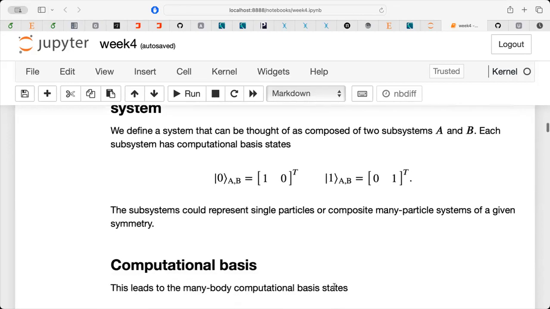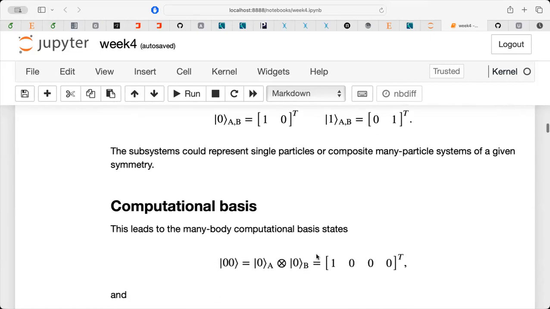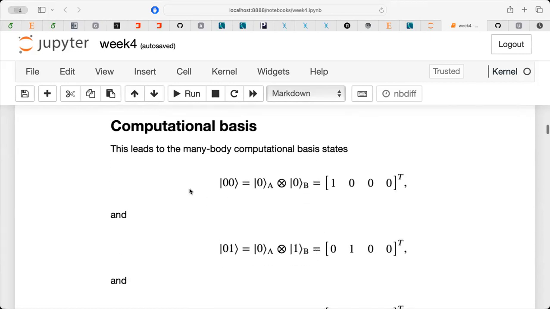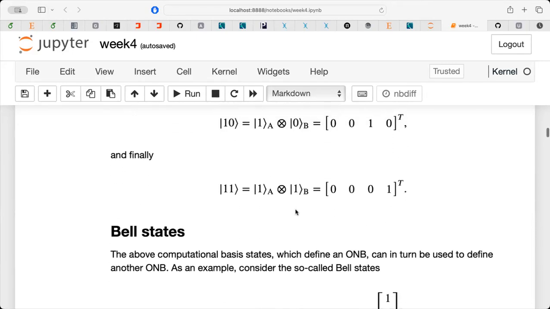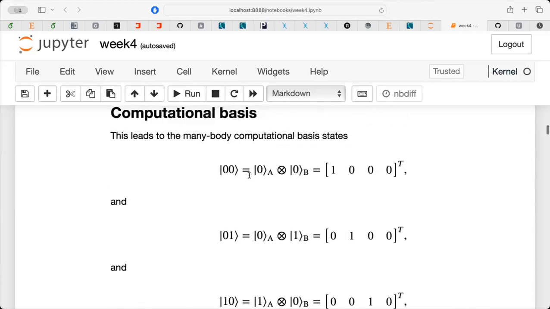And as we have said many, many times, these subsystems could represent single particle states, or they could be the representatives of a composite many particle system with a given symmetry for the specific states. So what we did then was to introduce a computational basis, and that computational basis for 2 qubits is given by the tensor product of the individual qubits in system A and system B. And it's pretty common when you've gone through this algebra to rewrite these states in a shorter notation.